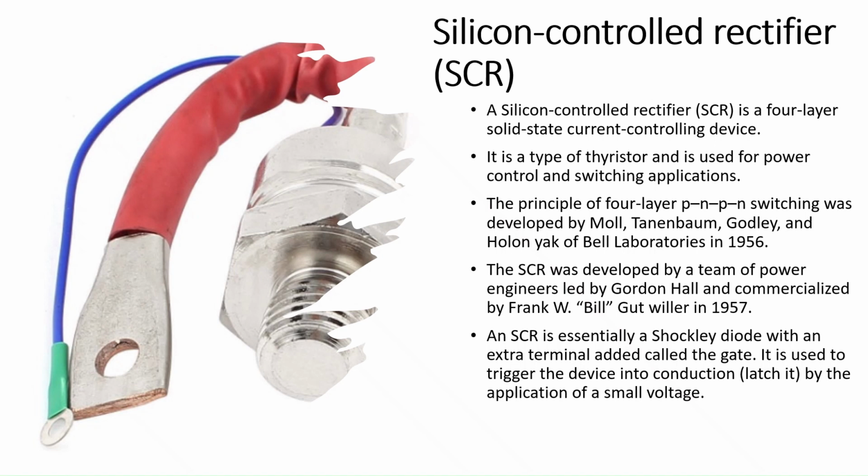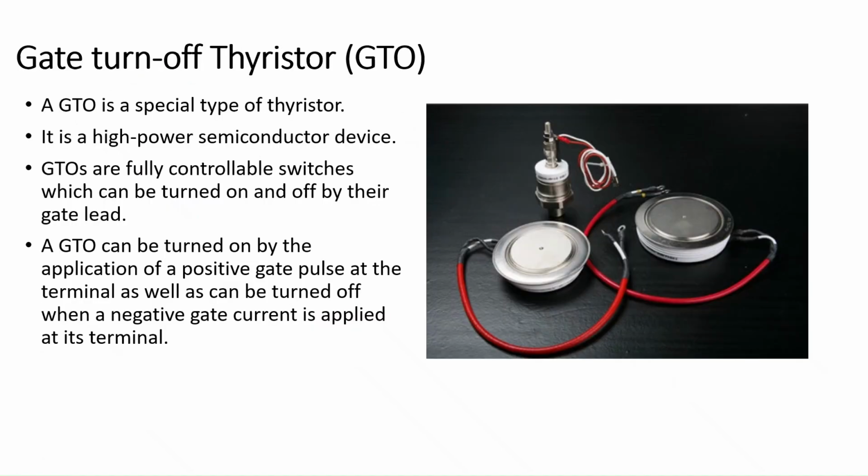The SCR was developed by a team of power engineers led by Gordon Hall and commercialized by Frank W. Bill Gutzwiller in 1957. An SCR is essentially a Shockley diode with an extra terminal added called the gate. It is used to trigger the device into conduction, latch it, by the application of a small voltage.